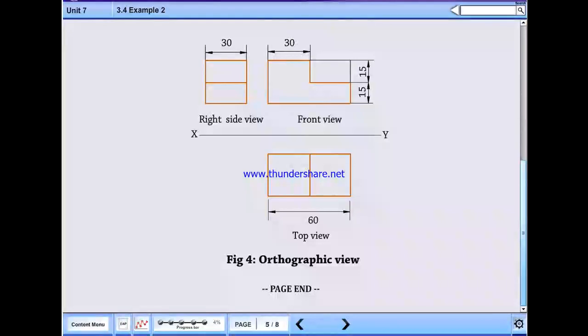Observe once again: right side view, front view, and top view. This is the solution of the given example 2.